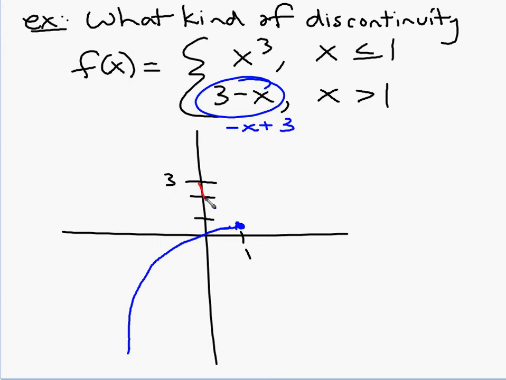So I'm going to come down 1 over 1, and then it keeps going down 1 over 1. Now, if you do your piecewise function correctly, it should be pretty obvious, right? What kind of discontinuity is this? Jump. So this is really more of an exercise in can I draw the piecewise function correctly?